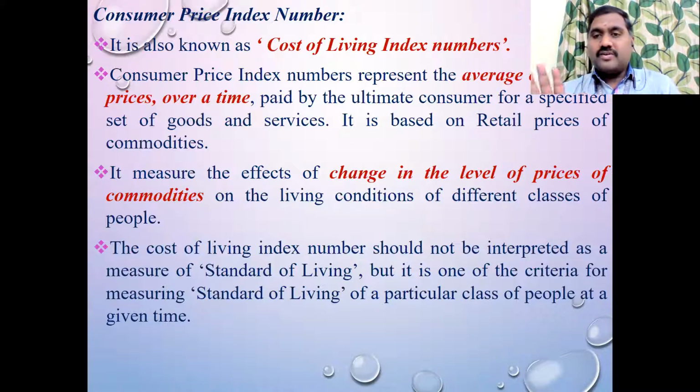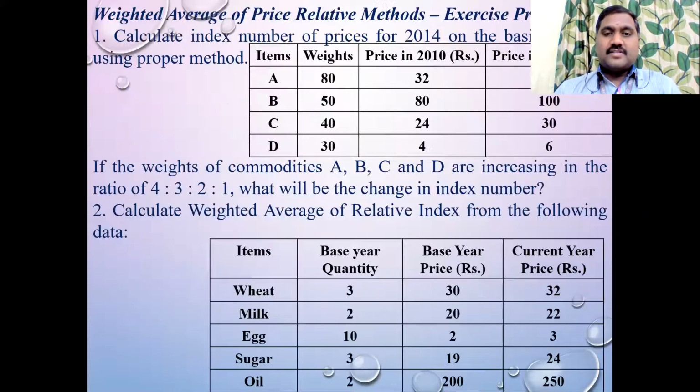So this is what we worked out in yesterday's class, weighted average of price relative method. Already we worked out two problems, right? This is the first problem where they gave the weightage and didn't give the P value, but instead of P value, they gave P1 and P0. If you know P1 and P0, we can find out the P value by dividing both and multiplying by 100.